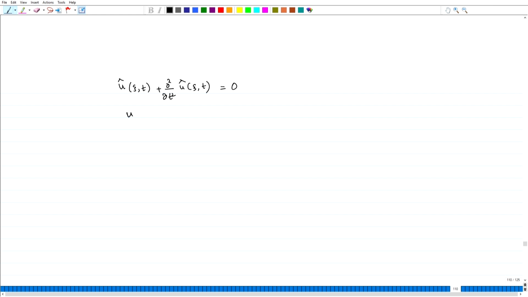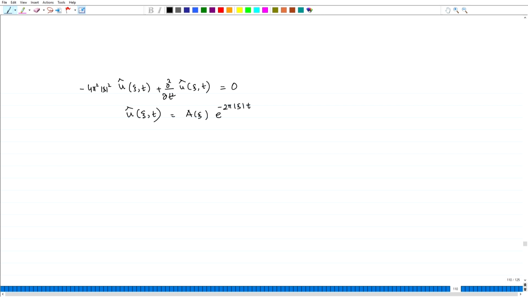And we know that this is again an ODE, and we know how to solve it. This is equal to a of xi times e to the power minus 2 pi mod xi t.